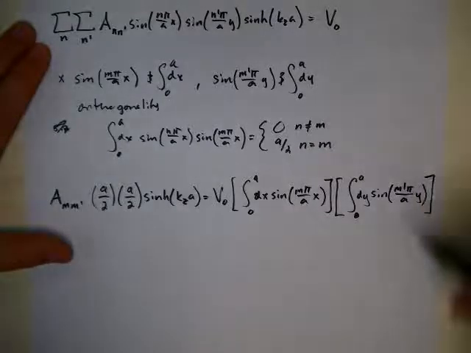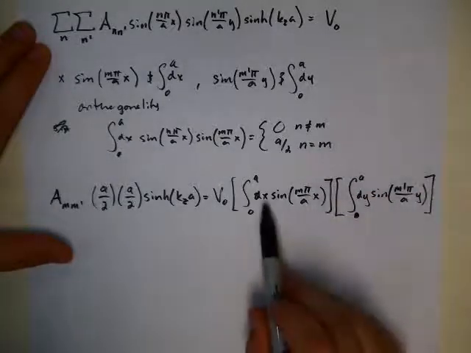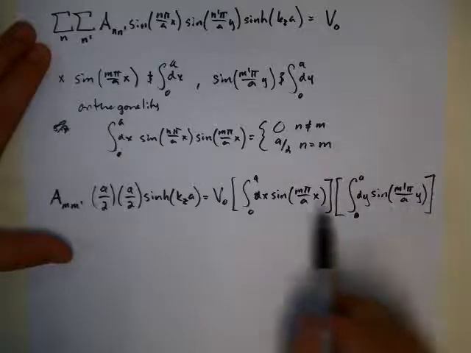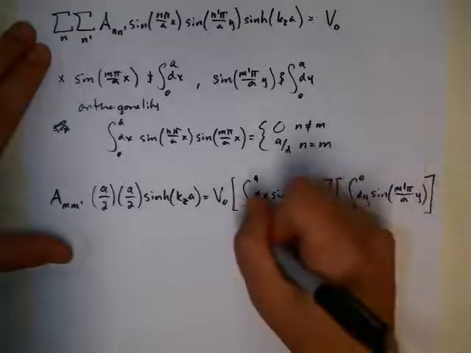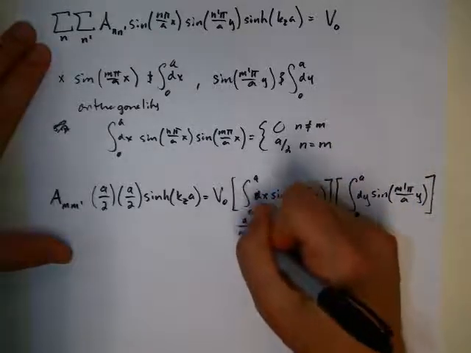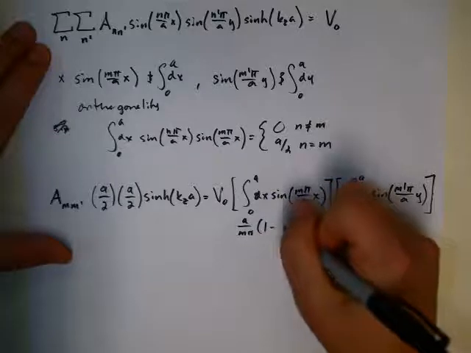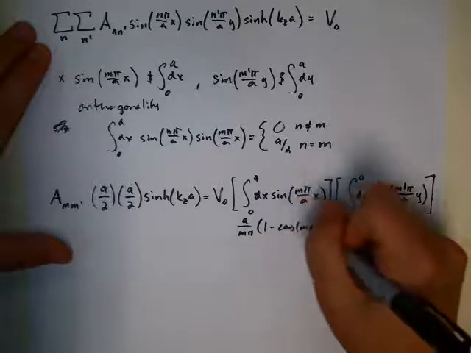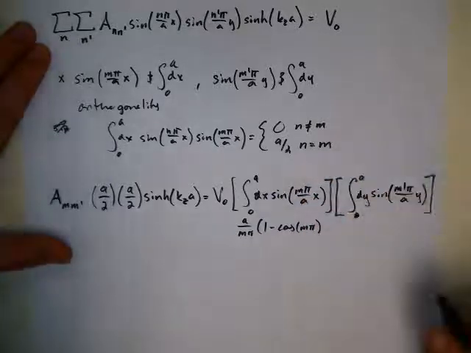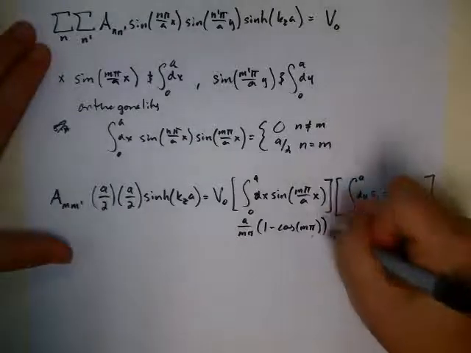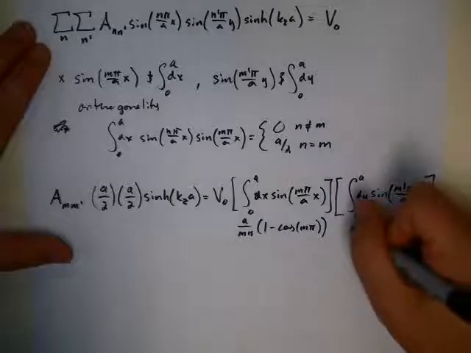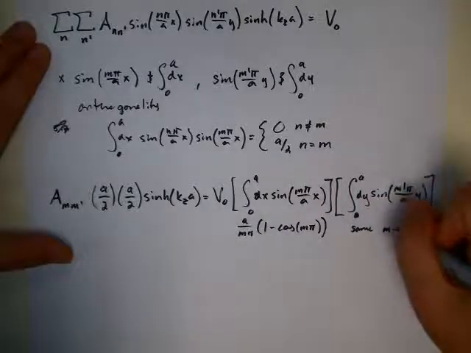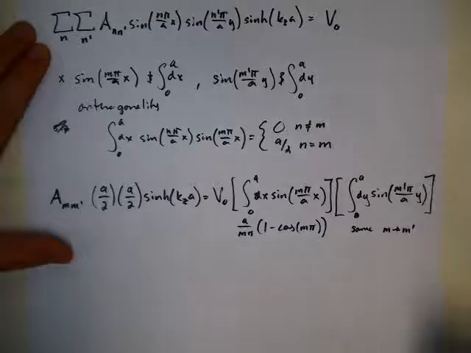Now this is the same integral. You'll notice that I can think of this x as a dummy variable, so it's the same integral, this one with an m, this one with an m prime, and this evaluates to a over m pi times 1 minus cosine of m pi. And this would be the same thing, but m goes to m prime. I'm not even going to bother writing it because it's the same thing.